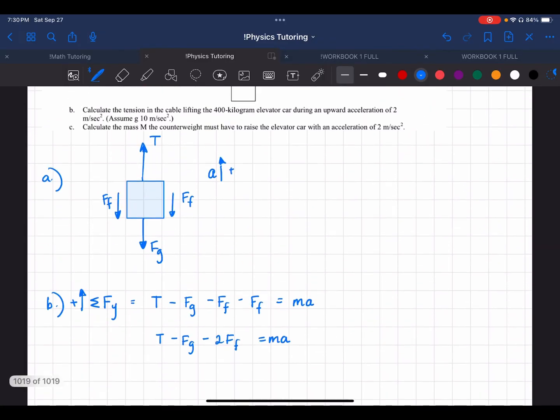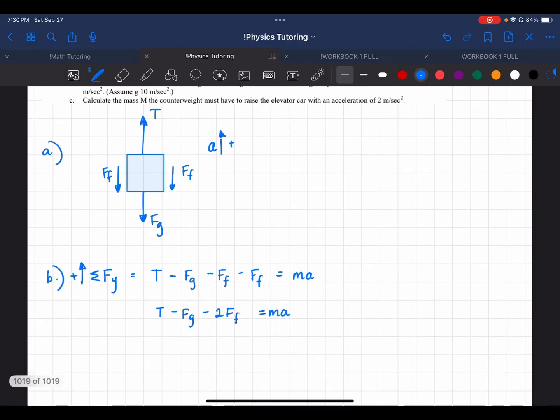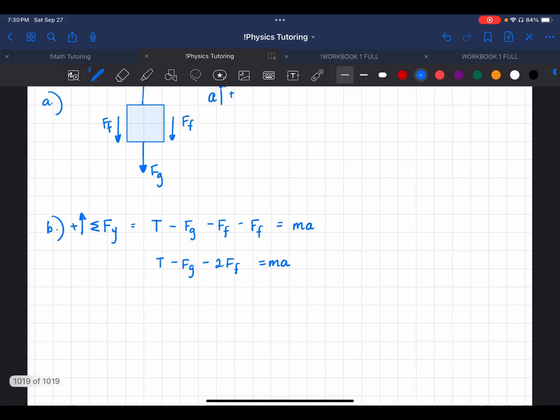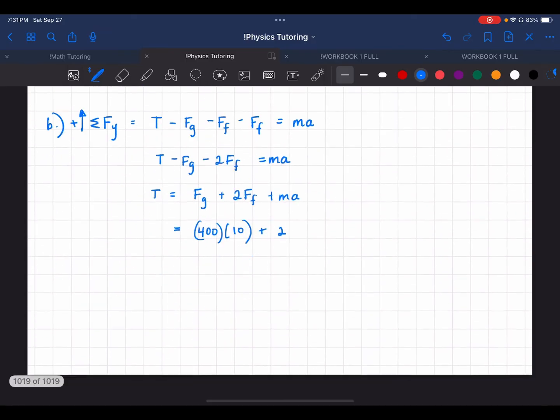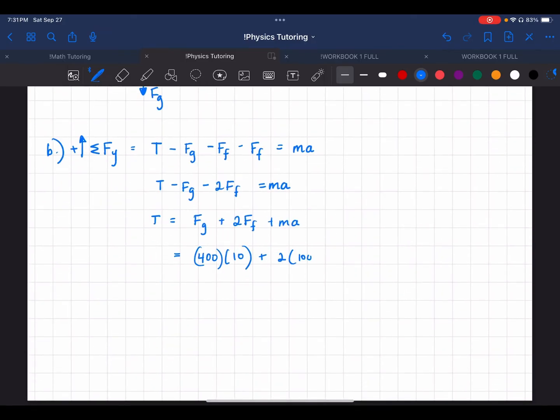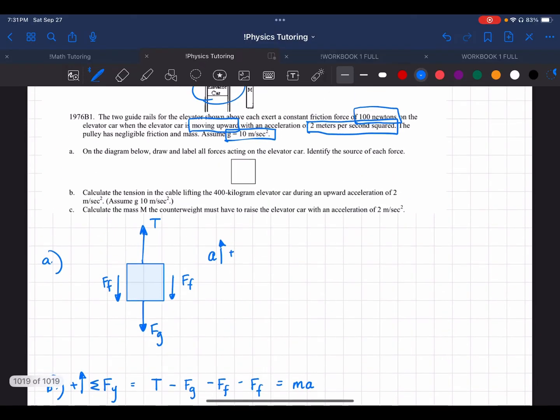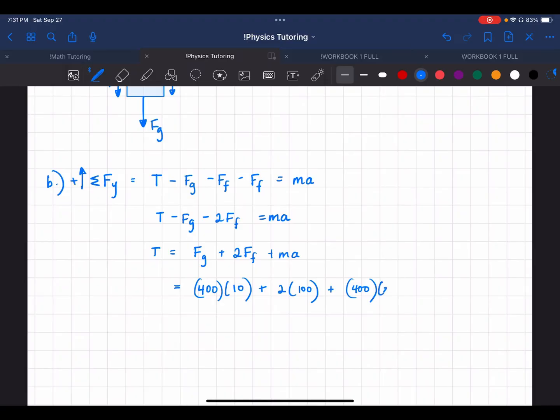Yeah, so I'm given everything. So T is just Fg plus Ff plus MA, which is 400 times 10 plus 2 times 100 plus 400 times A. A was 2 meters per second squared.